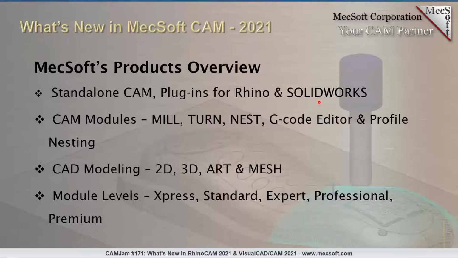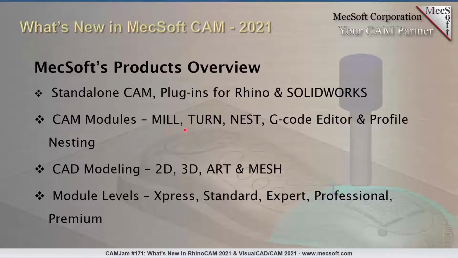As far as our CAM products, we have multiple modules. Some of these are separately priced, and some come with your maintenance subscription. We have the Mill Pro module, which is our flagship, mainline module.